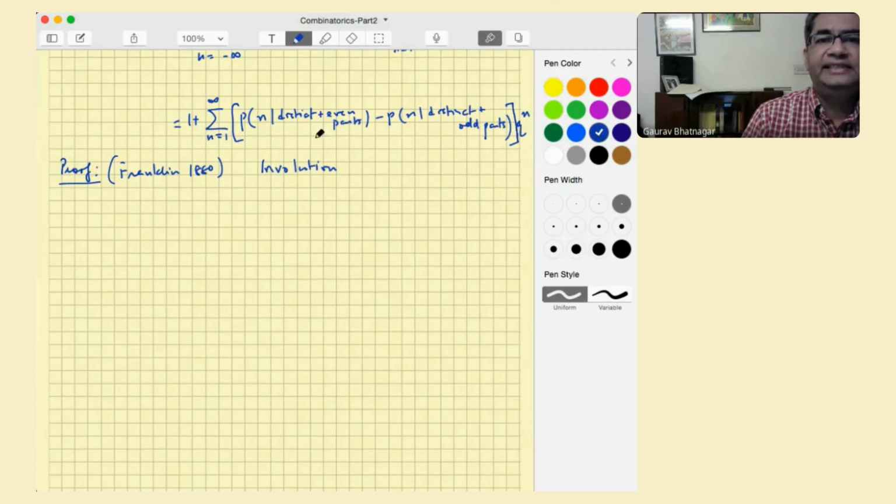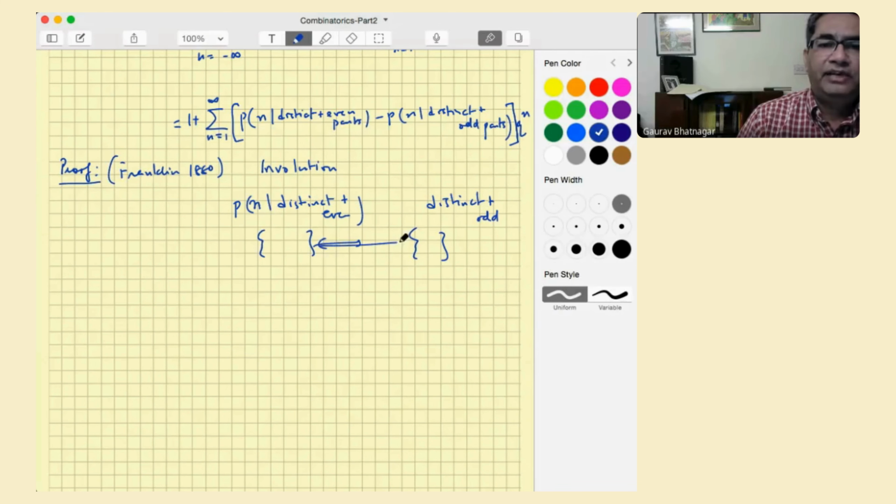He takes this set of partitions of n with distinct and even parts, and he connects them with the other guys where they are distinct plus odd.